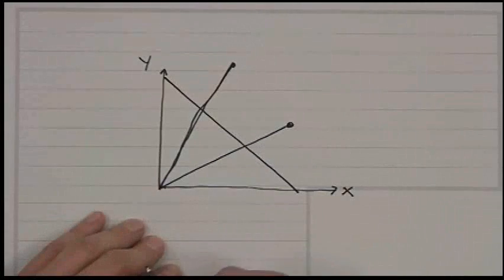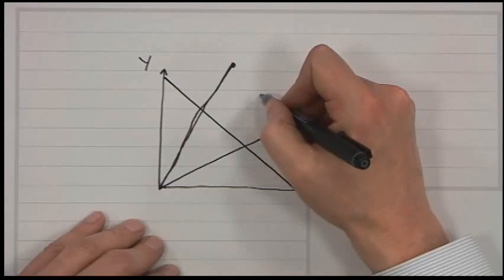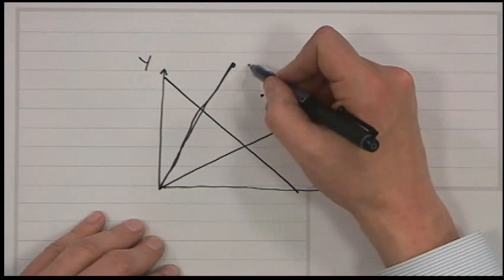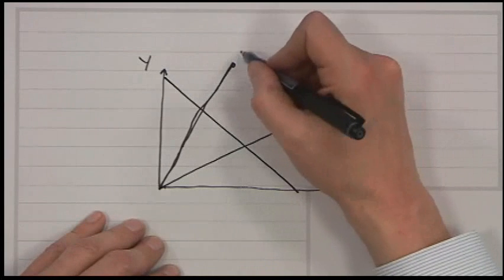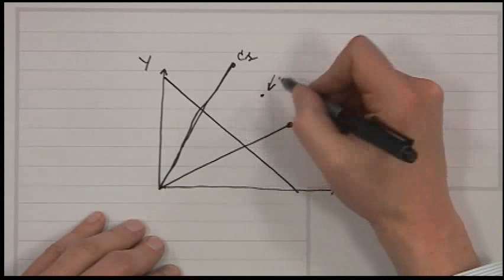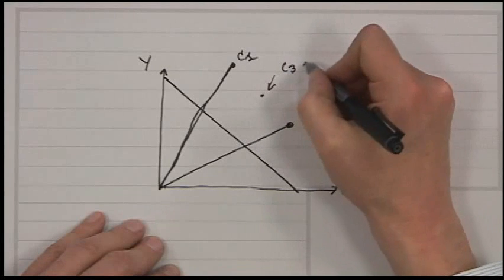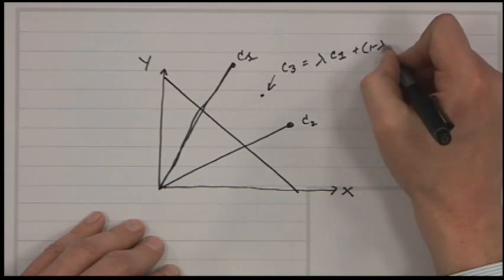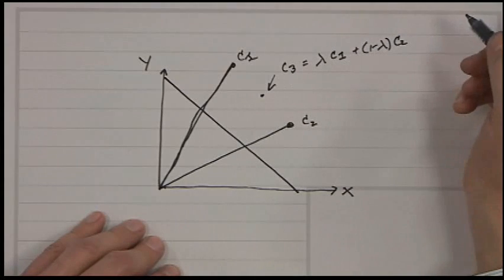Now if I take a combination of these colors, say some percentage lambda of C1, then C3 is equal to lambda times C1 plus 1 minus lambda times C2.